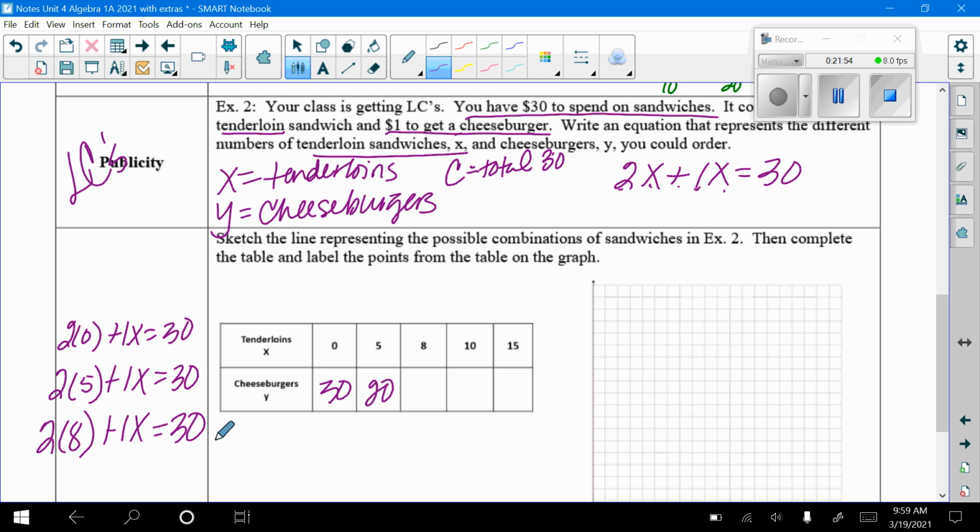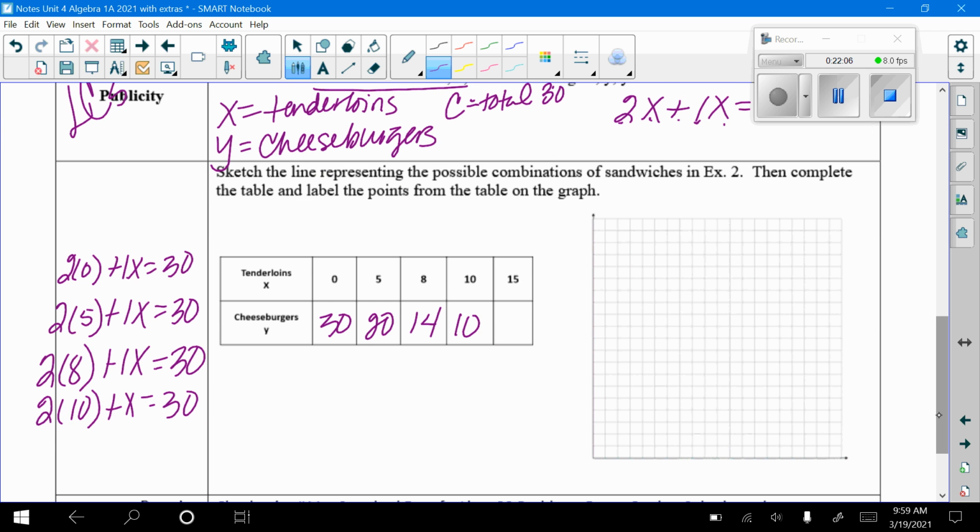So it's 16, take away 16, that's going to give me 14. 2 times 10 is 20. Take away from 30 and it gives me 10. And the last one would be 2 times 15 plus x equals 30. Well, that would be 30, take away 30 would be 0, so x would be 0.